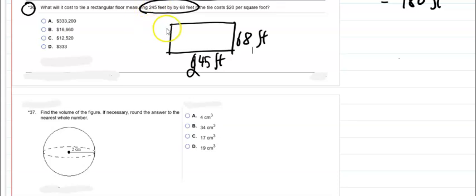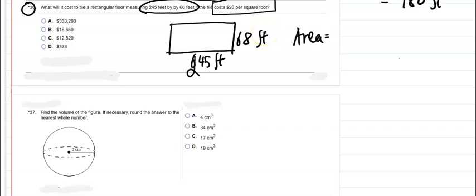So you have to carpet it now with the tile. You put the tile on this rectangular floor with this dimension, looking for how much it costs. If it costs $20 per square foot, that's the price of the tile you have to pay to put the tile on this area. So you have to find the area first.